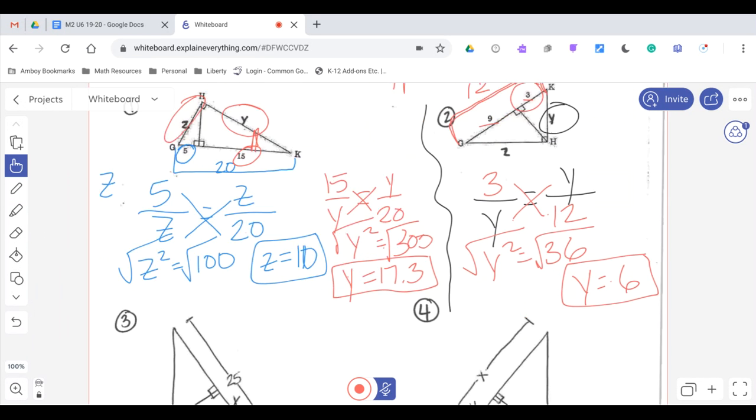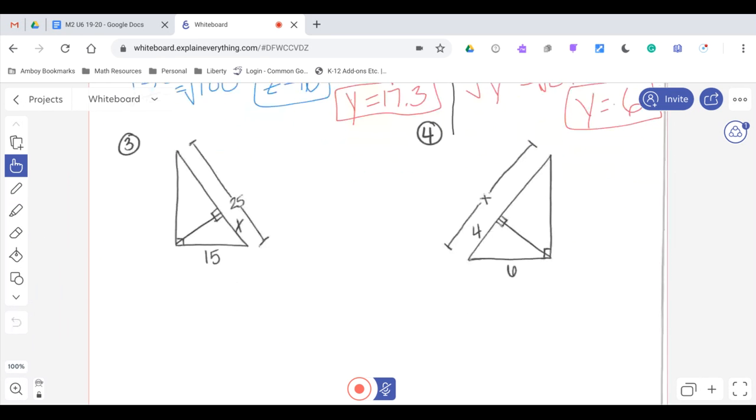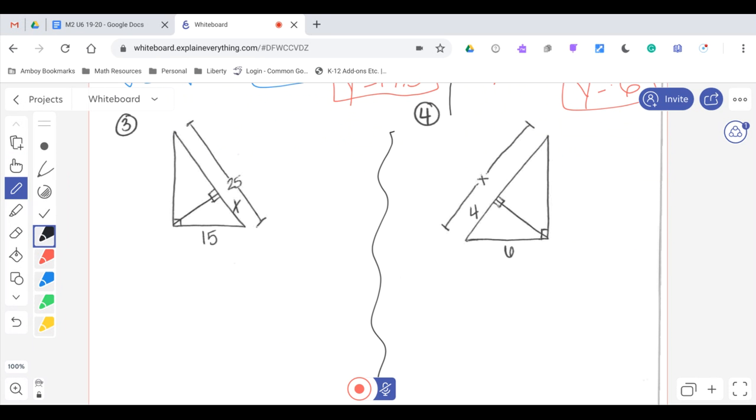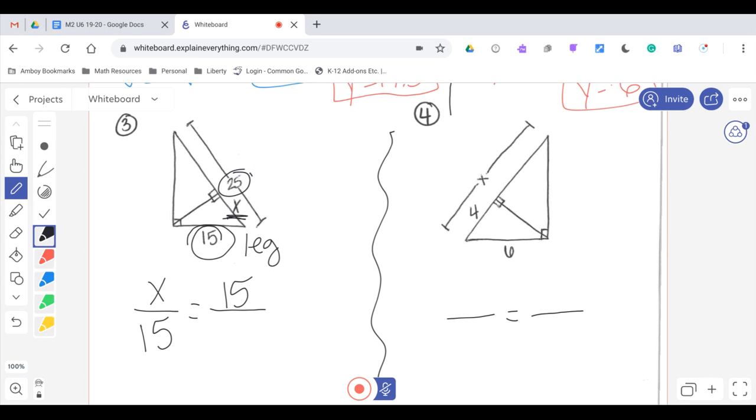Let's try another one where maybe we have numbers in for our leg. Remember, the leg is the piece that's the geometric mean, so it's the part that's going to get written twice. In number 3 here, my leg is 15. That is going to get written twice. Remember, it's the geometric mean of the piece closest to it, that x, and the length of the whole thing, 25.